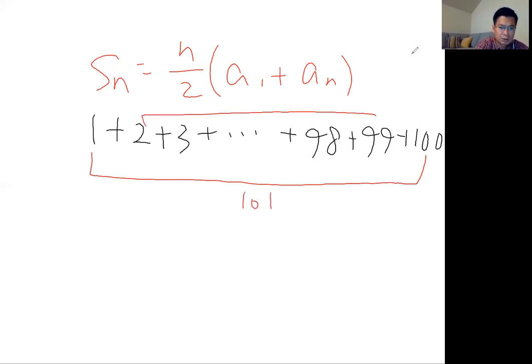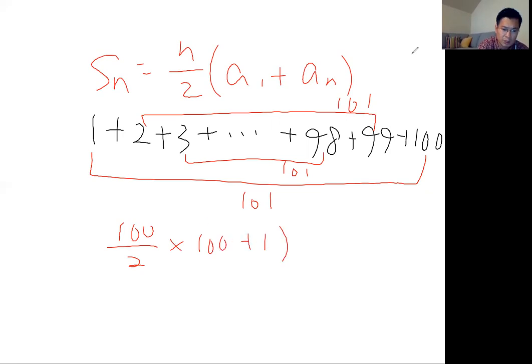And the next pair is another 101, and the next another 101. So the pattern is, every time you pair them up, it becomes 101. How many pairs can you have? Half of 100, which is 50. So the answer is 100 divided by 2 pairs, times 100 plus 1, which is 101. So you can apply this into the equation as a formula. It's pretty simple.